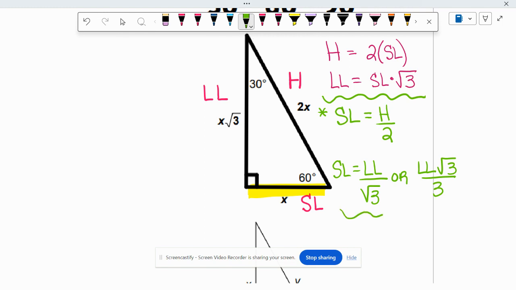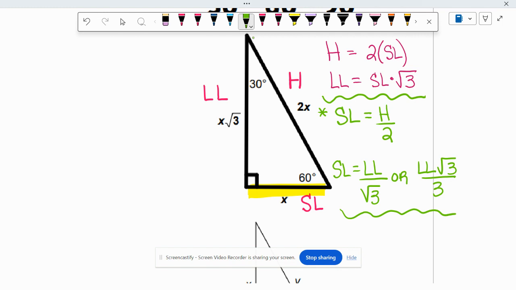And we talked about when to use the first one and when to use the second one. I use the short leg equals the long leg divided by the square root of 3 if the measure of the long leg is like this picture right here, and it has a root of 3 attached to it. If it has a root 3 attached to it, I'm going to use this formula. Why?